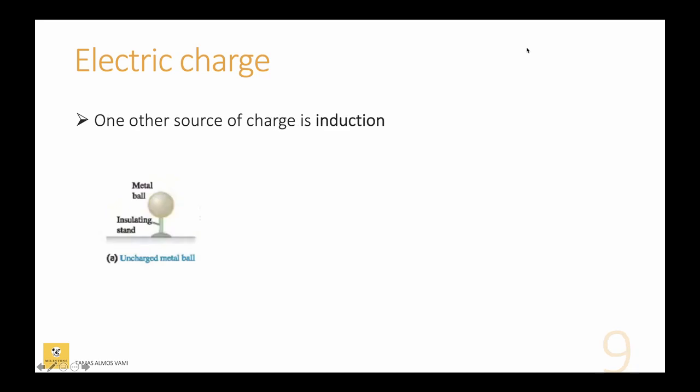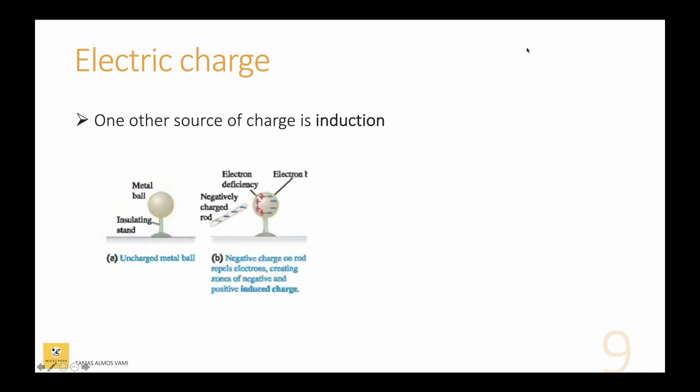There is another source of charge, which is called induction. Let's go through the induction with some pictures. Let's say we have an uncharged metal ball on an insulating stand, and we take a negatively charged rod. We already discussed how we did that: we rubbed the rod with fur, and the rod became negatively charged.